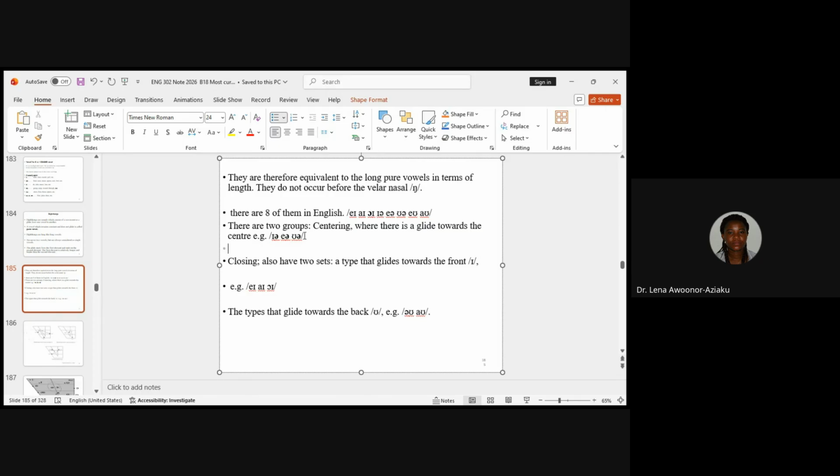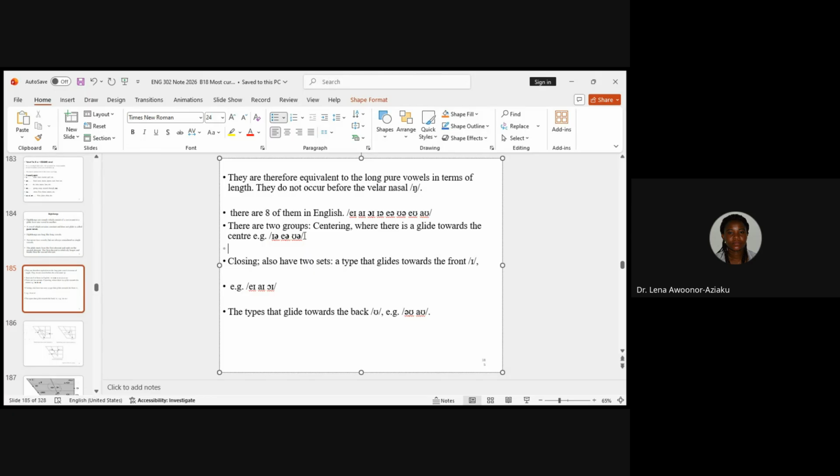And then we have closing. In the closing type, there are also two sets. We have a group that glides to the front, and one to the back. One group ends their glide at the front high position, not very high, you'll see it.